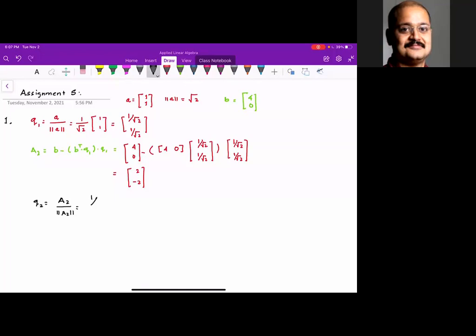So this is going to be 1 over square root of 2, minus 1 over square root of 2.